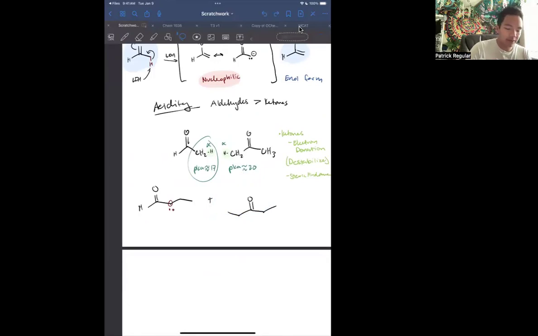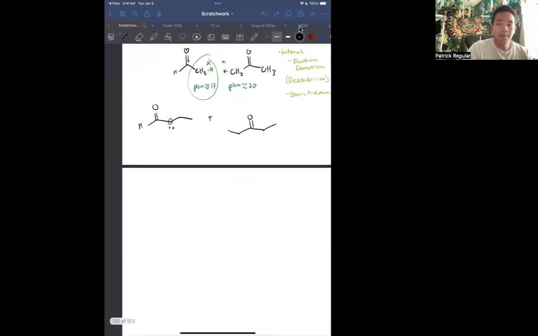But now let's backtrack. Okay, one more time. We keep backtracking. Now that we covered the acidity, why do we care about the lone pairs at all? We already covered that the aldehyde is going to have the lone pair, because if you react with the base, it's going to give off that more acidic proton. Well, look, you have a nucleophile, right? This is the enolate.